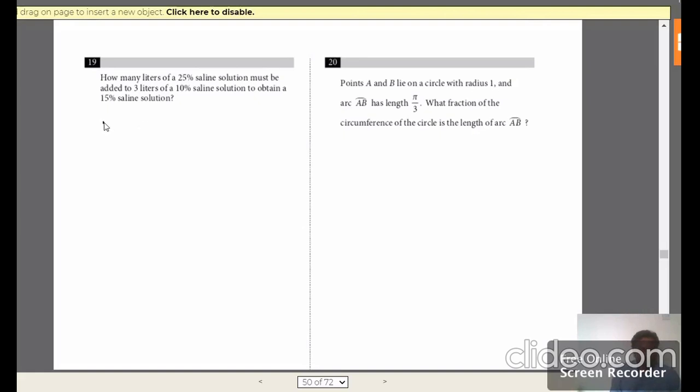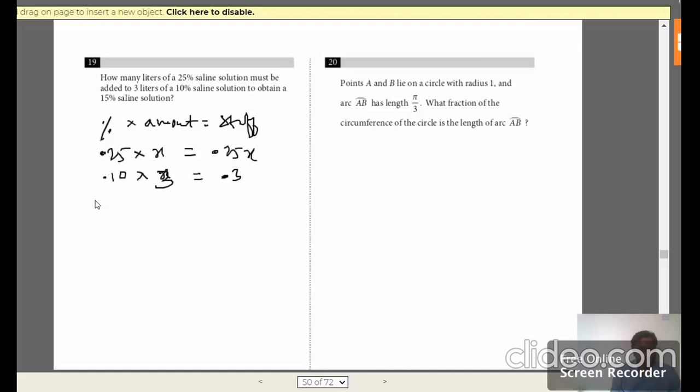First write down percentage, what is given to you: percentage times amount is equal to the stuff. So 25% of saline we can write as 0.25. Let us take the amount as x, which we don't know, so it will give us 0.25x. Similarly, 10% is 0.10 times the amount, 10% of 3 liters is given, so it will be 0.3.